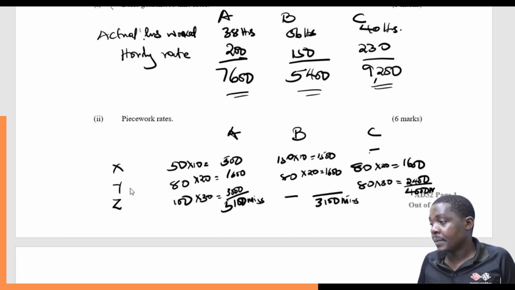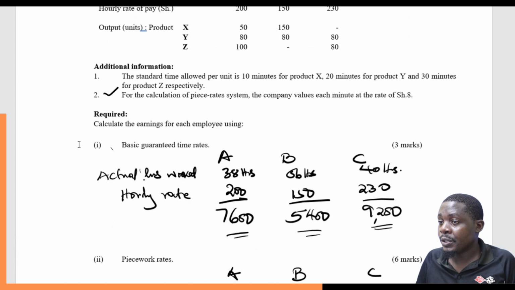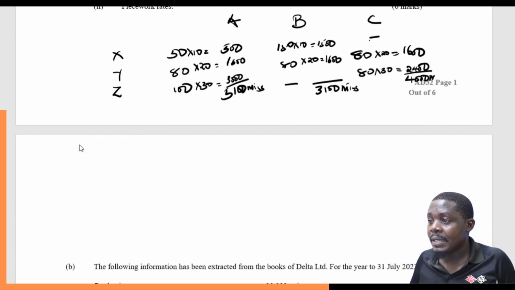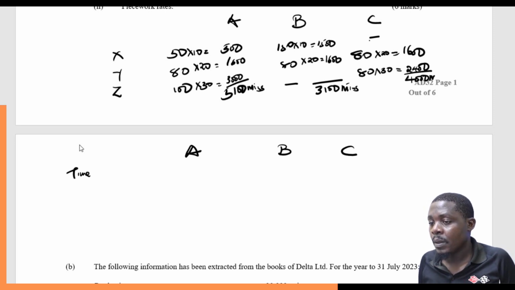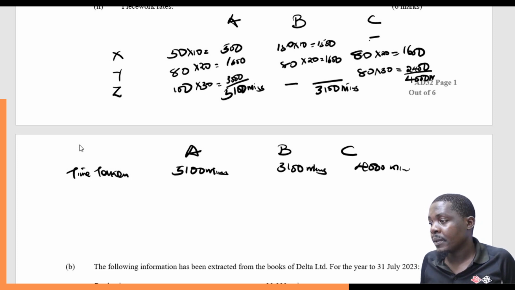Now, we are told something. That's step number 2, additional information number 2. For the calculations of this rate system, the company values each minute at the rate of 8 shillings. Therefore, we have products A, B, C. Now minutes, let me use time taken in minutes. We have 5100 minutes, then 3100 minutes, then 4000 minutes.